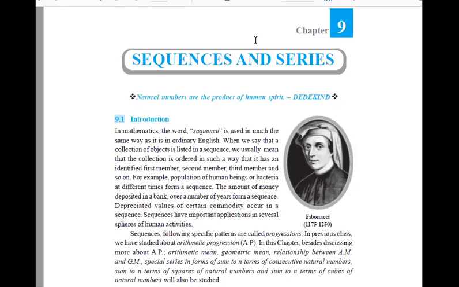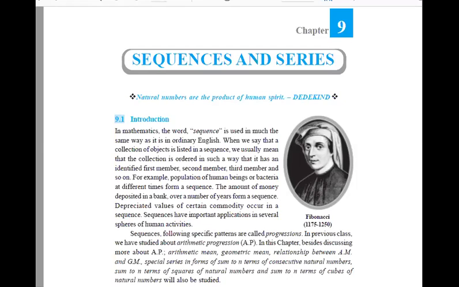Now, when we talk about sequence and series, we studied that a sequence is basically a pattern. It's an ordered group of numbers, or objects or elements, having a fixed pattern.